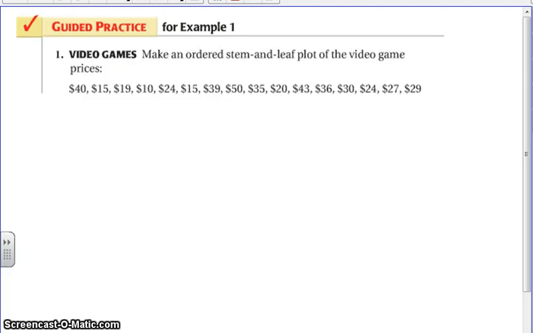Okay, so I want you to take down this set of data, and I will read it for you, so it helps you, because we'll make an ordered stem and leaf plot of these video game prices. So here I'm going to read it, take it down as we go.